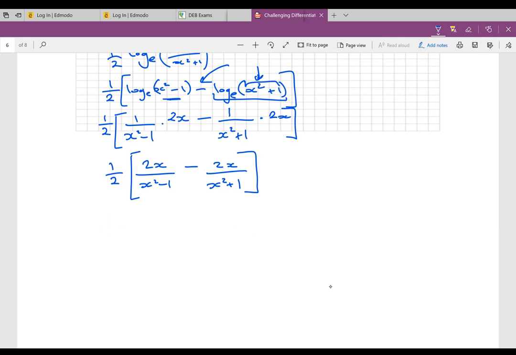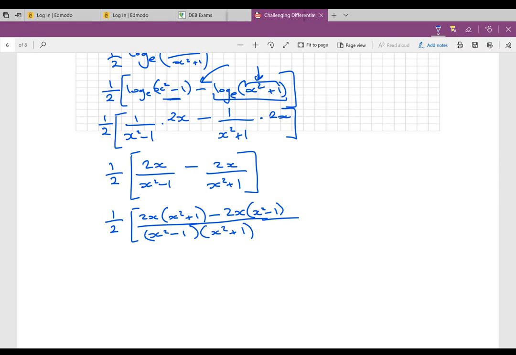I need a common denominator here, so I get a half times [2x by (x squared plus 1)] over [(x squared minus 1)(x squared plus 1)] minus [2x by (x squared minus 1)] over the same denominator, to get my common denominator.